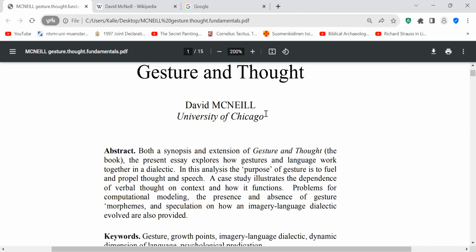I'll read the abstract, both a synopsis and extension of Gesture and Thought. The present essay explores how gestures and language work together in a dialectic. In this analysis, the purpose of gesture is to fuel and propel thought and speech.